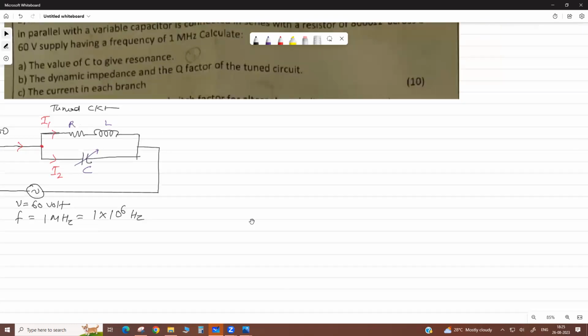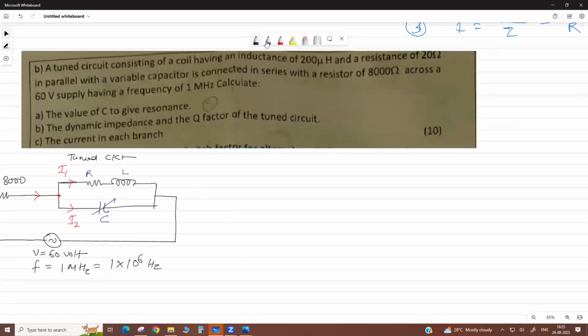There is one derivation required, otherwise you can directly remember the formula. First of all, in this part A, we calculate the resonant frequency of oscillation for the parallel circuit.